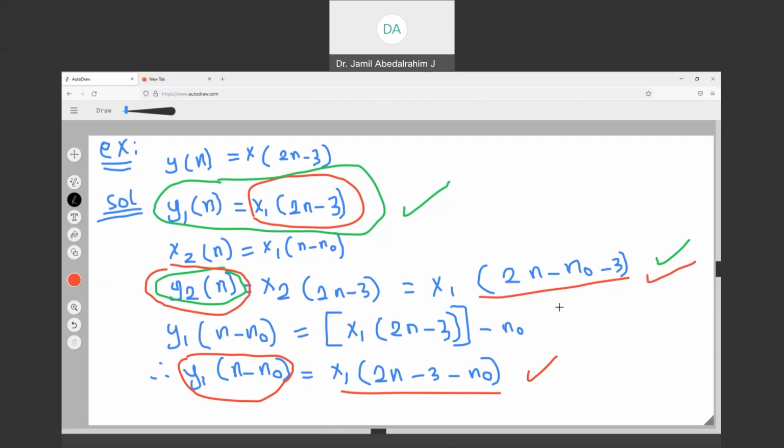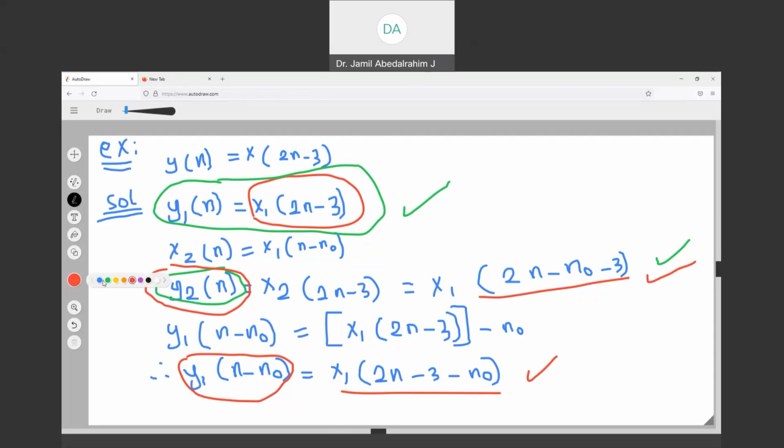Some students will ask, is it okay if here we have 2n minus n naught minus 3 and here 2n minus 3 minus n naught? It's not the same sequence, but yes, it's okay. Let's say n naught is 2, for example. So minus 2 minus 3 equals minus 5. And here minus 3 minus 2 also equals minus 5. So it's the same equation.